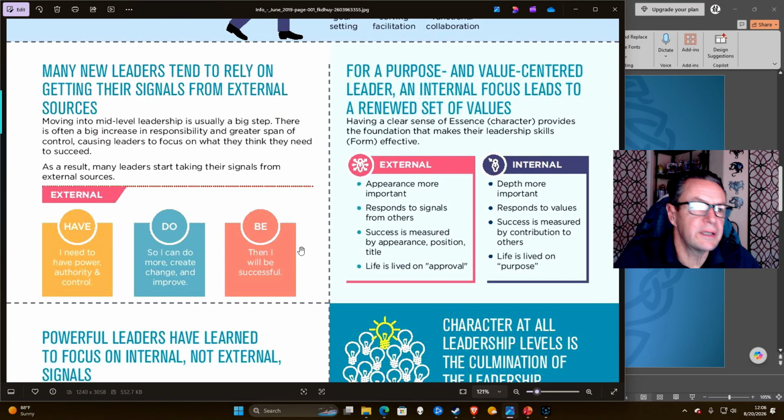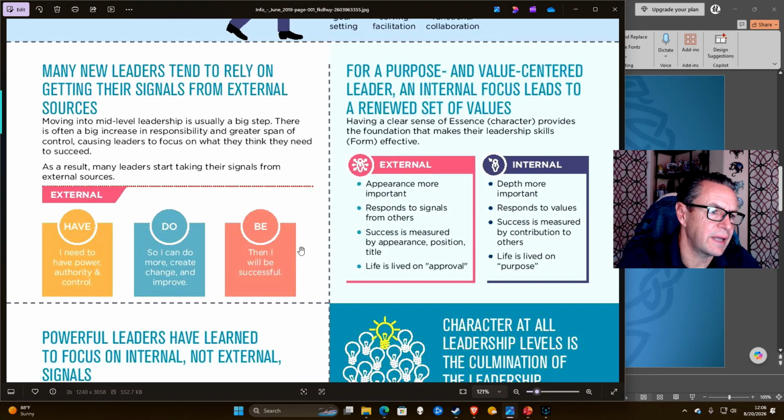Many new leaders tend to rely on getting their signals from external sources. Moving to mid-level leadership is a big step, big increase in responsibility in a greater span, causing leaders to focus on what they think they need to succeed. Shouldn't you focus on what you need to succeed? I don't understand.